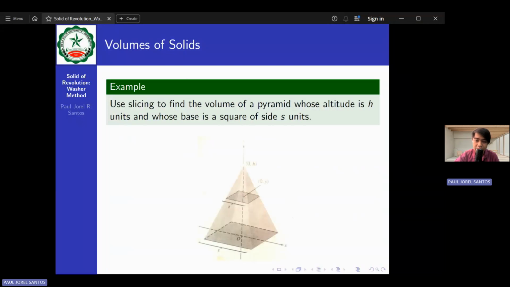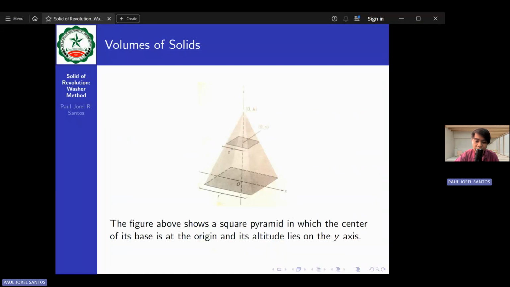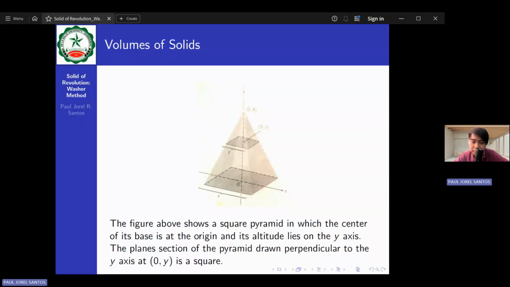Now, consider this figure. The figure that you can see on this presentation shows a square pyramid in which, for us to have an easier analysis, the center of its base is at the origin, and its altitude lies on the y-axis.